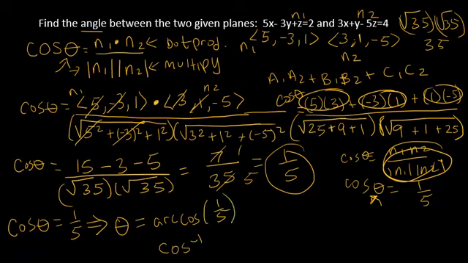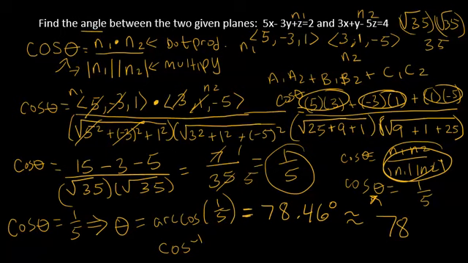of 1 over 5. And what does that give me? Let me look it up. I have no idea what it gives me. Hold on. Cosine inverse of 1 over 5. Cool. Which mode am I in? Okay, we're going to be in degree mode. And what I got in degree mode is 78.46, or we can just make it 78 if you want.